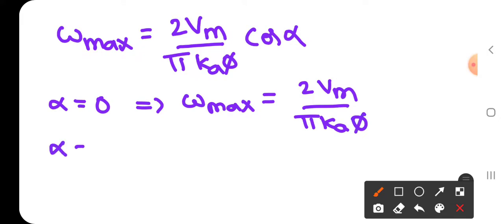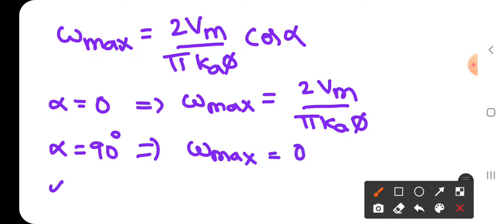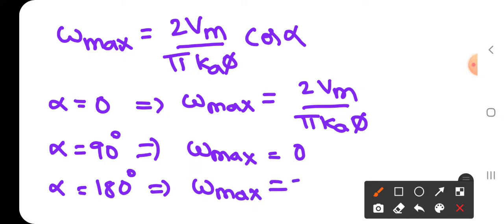When alpha is equal to 90 degrees, the maximum speed of the motor is 0. When alpha is equal to 180 degrees, the maximum speed of the motor is minus 2 Vm by pi Ka phi.